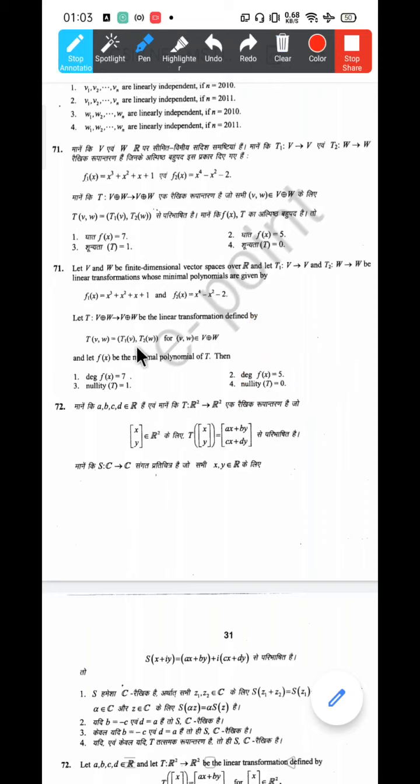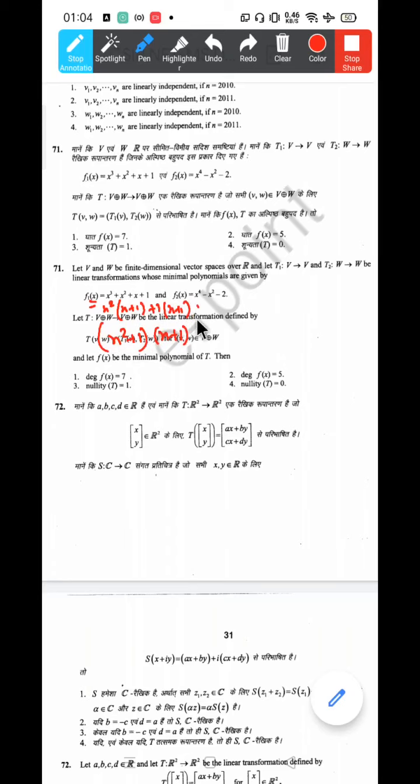Your VW is 1. X cube, x raised to 4. If I try to solve this, you see that I can take x square common here. So this will be x square plus 1 into x plus 1.